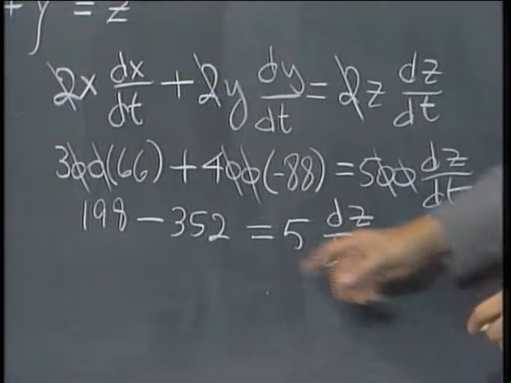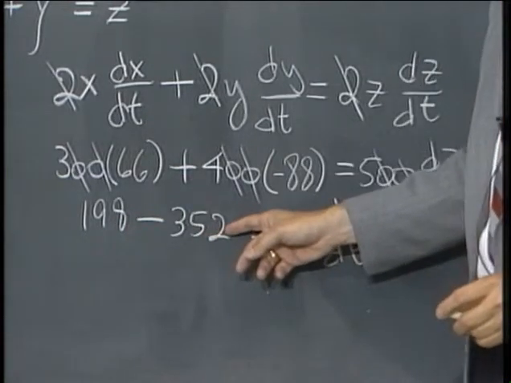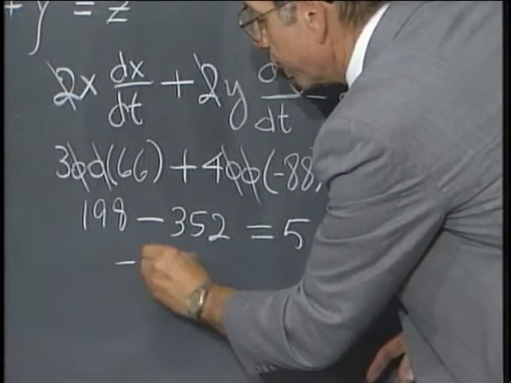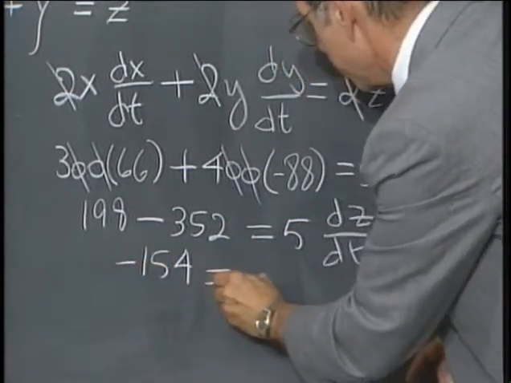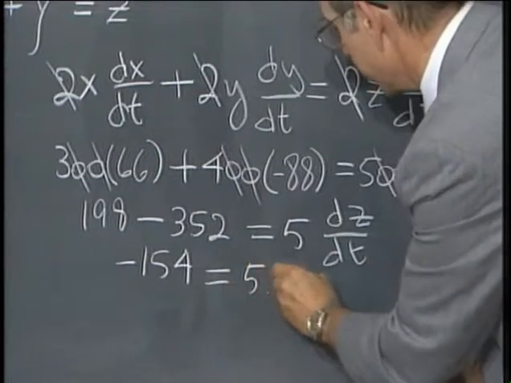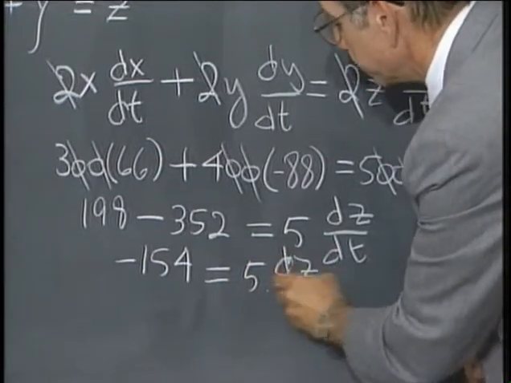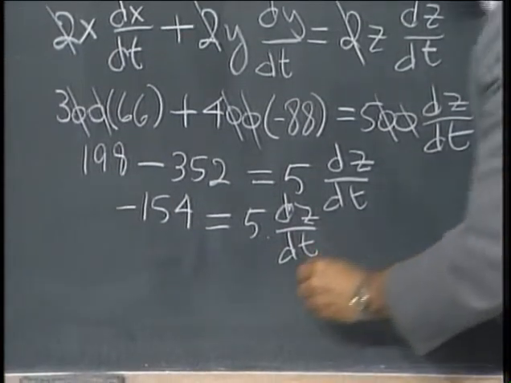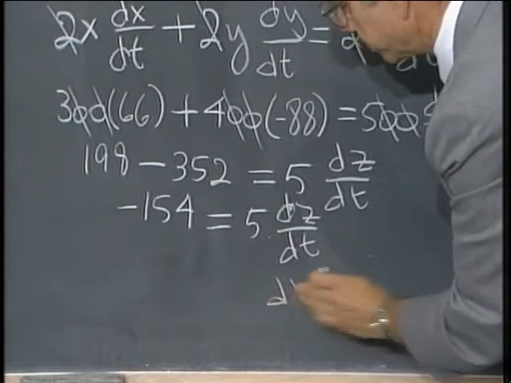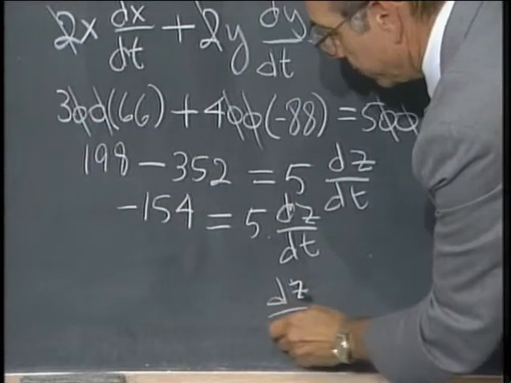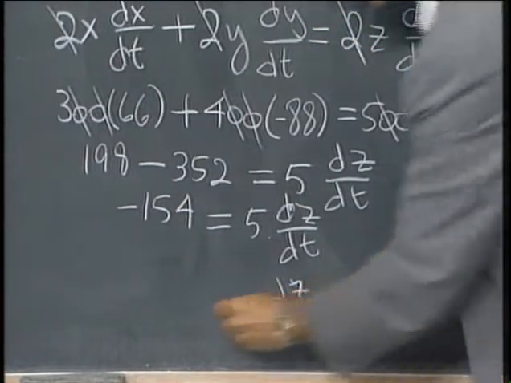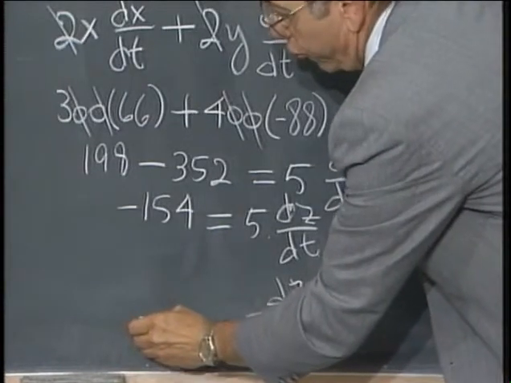Now let's see. 198 minus 352 is minus 154, equals 5 times dz/dt. And finally, we divide by 5, and we get dz/dt is equal to 154 divided by 5, which is 30.8.